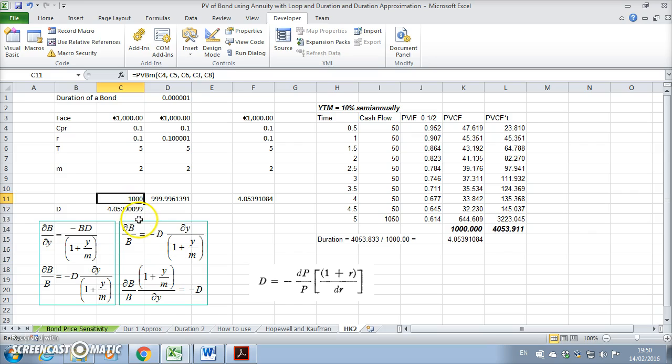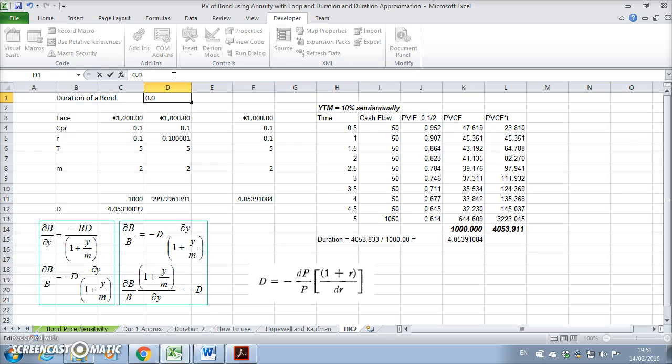And if we apply this formula here, what we can basically say is that if we increase the value of the interest rate by 0.00001, so if we looked at this as 1 basis point, well, 1% would be 0.01 increase in interest rate.